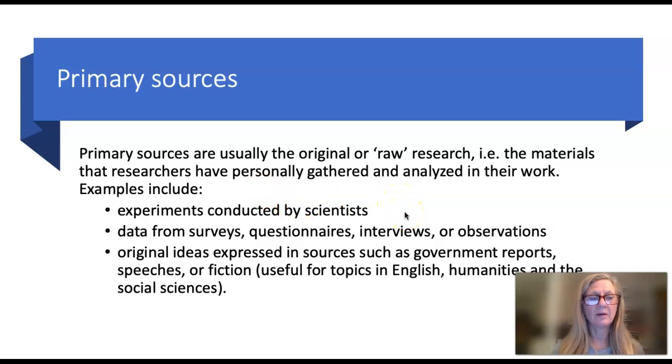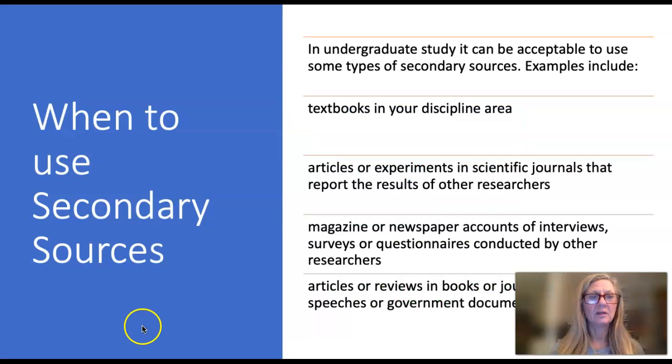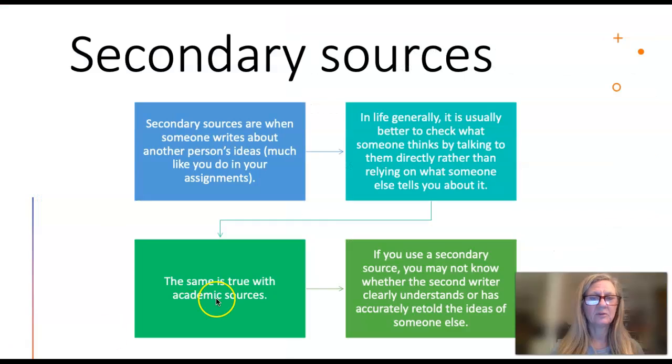In literature, the primary source is, say, the poem or the novel or the play, whereas the secondary source would be the journal article written about that book.